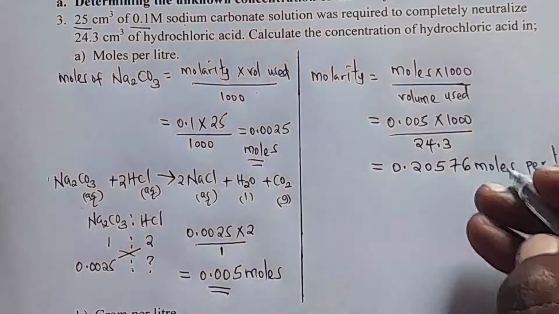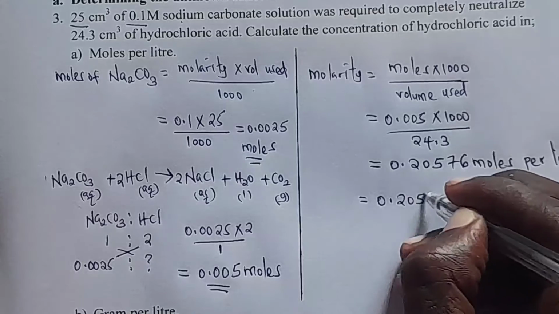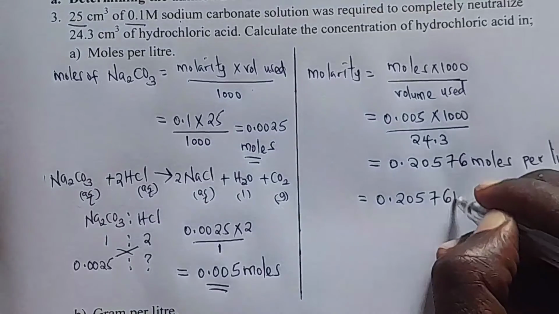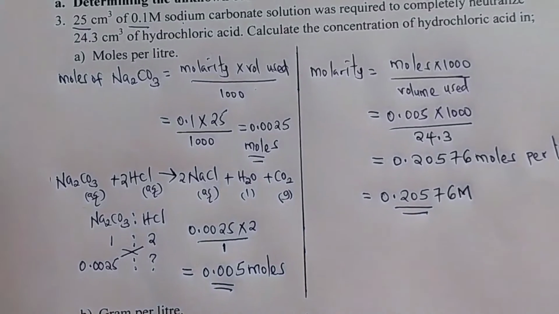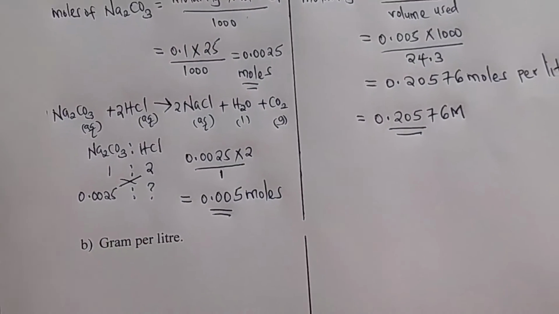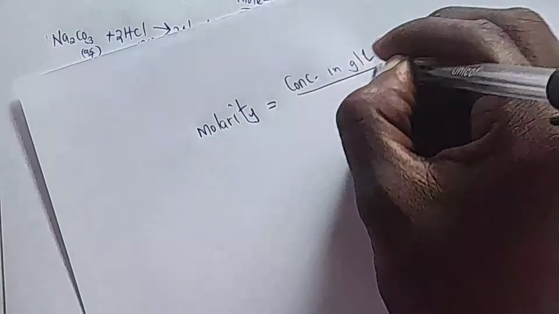Or you can say this is just the same as 0.20576 M, capital letter, which is just molarity. Okay, part 2 of the question, we are told grams per liter. Initially we had a formula for calculating molarity: molarity is equal to concentration in gram per liter over the RFM.